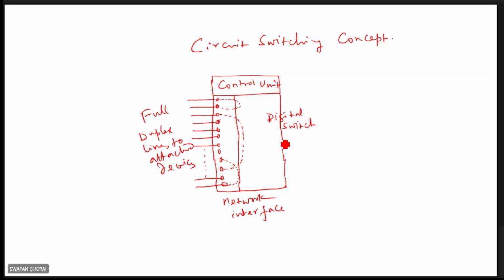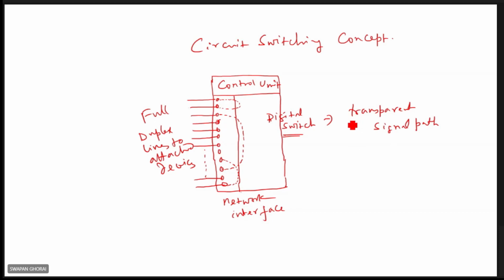One is the digital switch. The function of this is to provide a transparent signal path between any pair of attached devices.